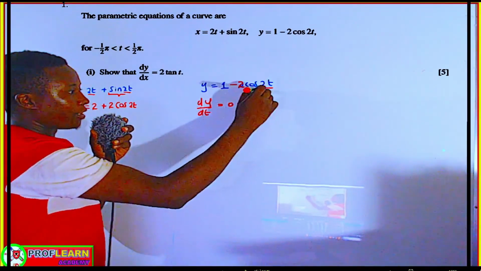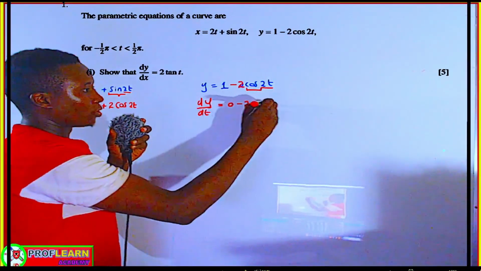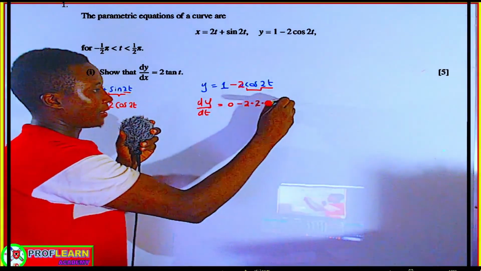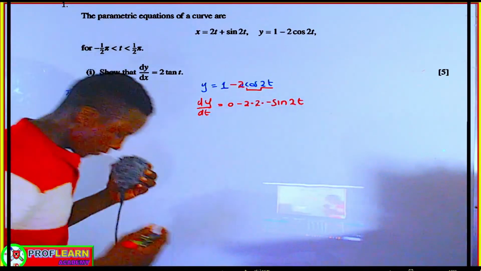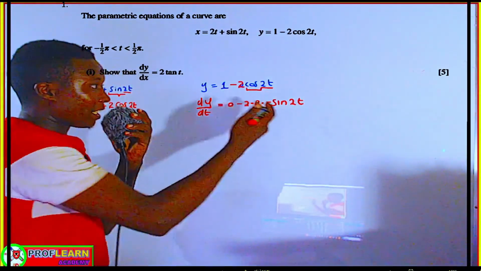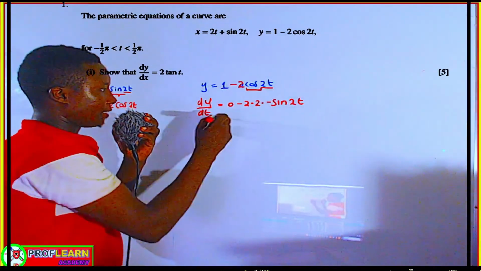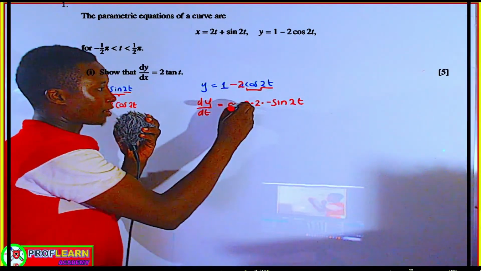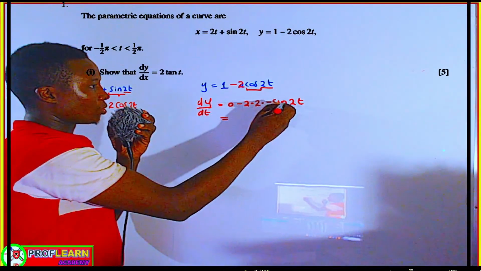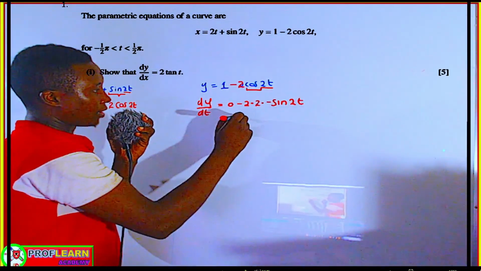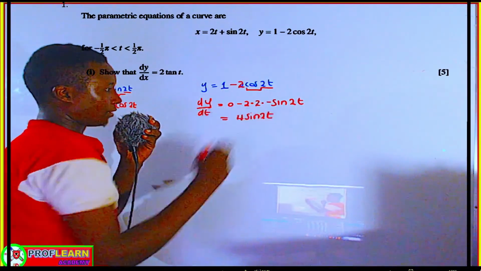Then we now differentiate cos, and differentiating cos you are going to get negative sine, write 2t the way it was. So that is how you differentiate trigonometric functions which are having 2 or any number in that. So this is minus 2 times 2 times sine 2t, and this is going to translate to 4 sine 2t.